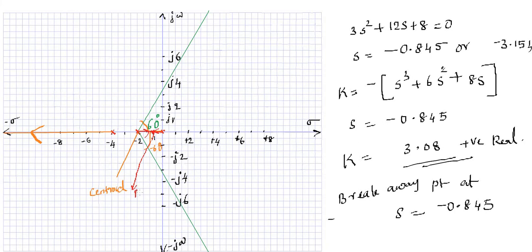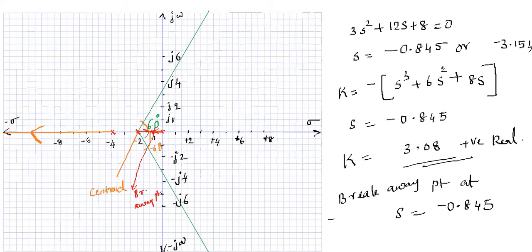This is the breakaway point, and breakaway point means the root locus branches, two root locus branches starting from minus 2 and 0, will meet here, and from here they break away and end at a zero at infinity.